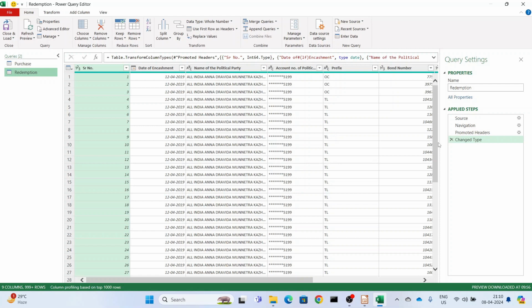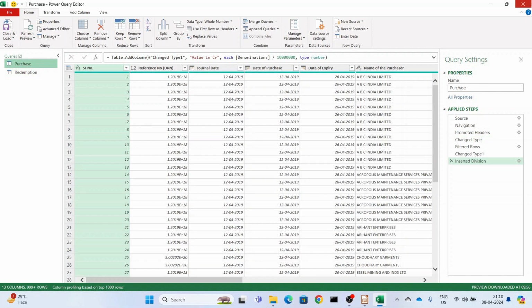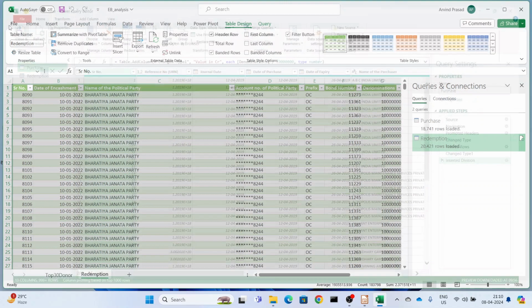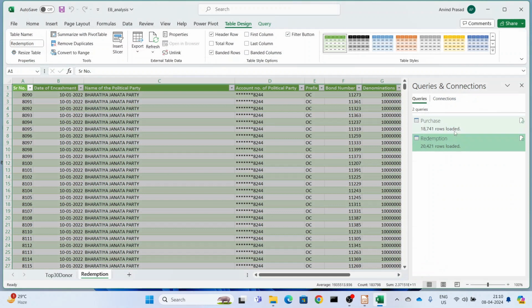Now what we have is the first interesting piece of information. Let's close it. First, to understand it: the total number of bonds purchased is 18,741.